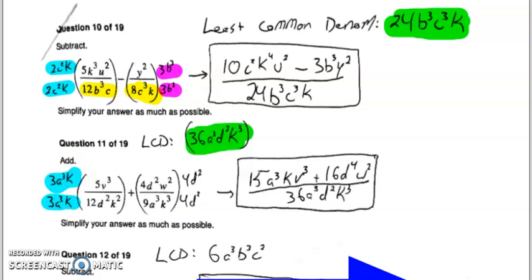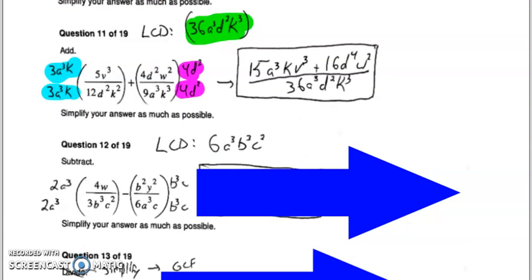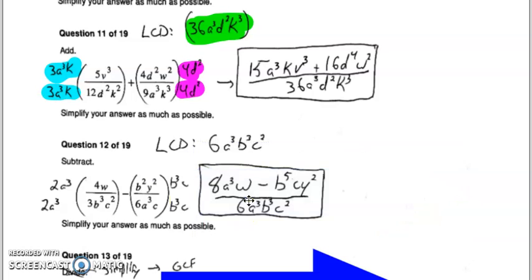So that's where these values that I'm highlighting off to the side are coming from. All right, number 12 is going to be the exact same. Finding the common denominator, adjusting the numerators accordingly, and cleaning everything up as best you can.